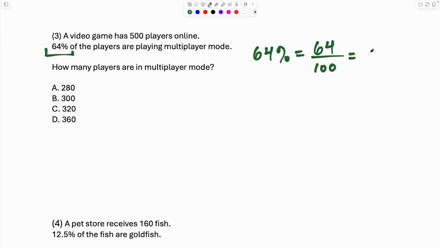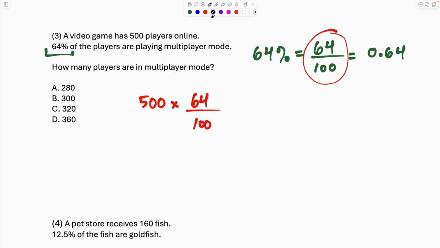Now we could express this as 0.64, but I want to point out how we could be flexible with questions like this. Since we're going to be taking 64% of 500, I would prefer to use the fraction form here to help us. So I'm going to take 500 and multiply it by 64 out of 100.